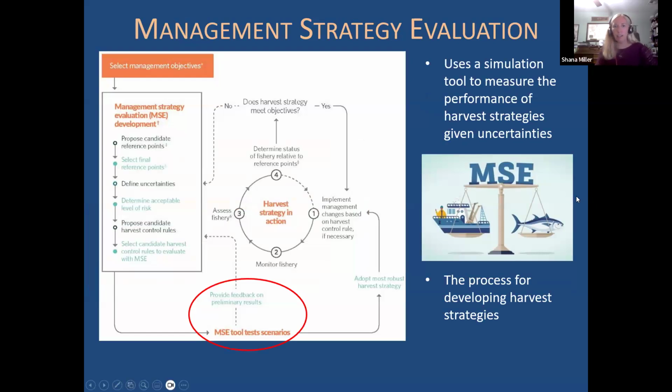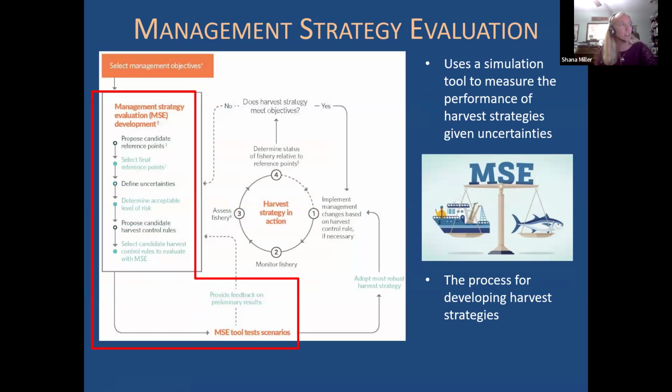Like I said, management strategy evaluation is the computer simulation program that's used to develop and test harvest strategies. But some people consider MSE to be the entire process for developing harvest strategies. I should say here that even in this figure, even though we have these points outlined in a linear fashion, there's lots of flexibility in these steps.